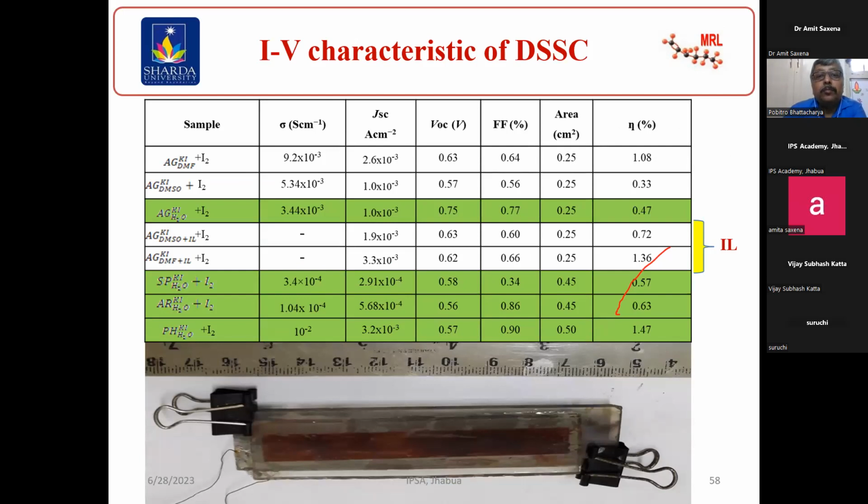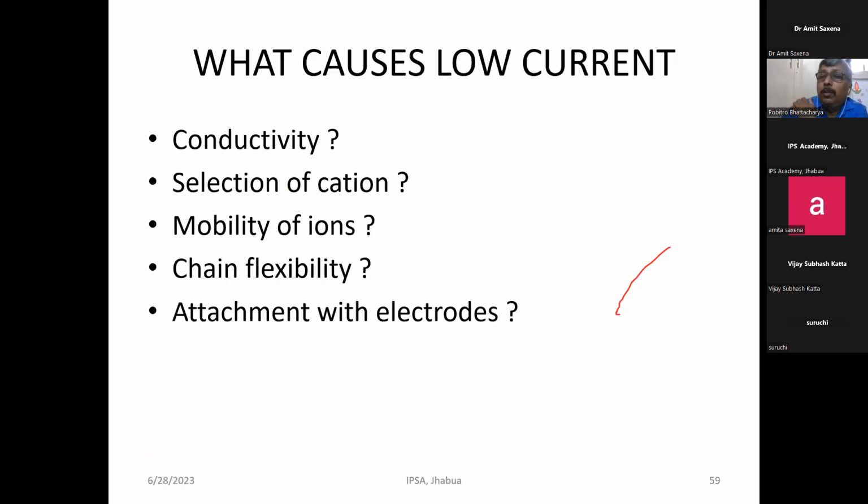Now, the important parameters. Though people who might have heard me talking on DSSC may find that these are common slides, I repeat the important parameters: how to choose which material in the electrolyte. What causes the drop in the current? Is it the conductivity? Is it the choice of the cation? Is it the mobility or chain flexibility or attachment, or is there anything else which is not known to us?